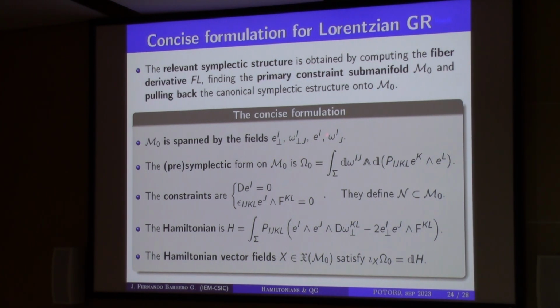It's only these E's and these omegas components. There is a symplectic form which has this structure where this P tensor appears, and if you remember, that depends on the Immirzi parameter. Now the constraints have this form, and these are for Lorentzian GR.